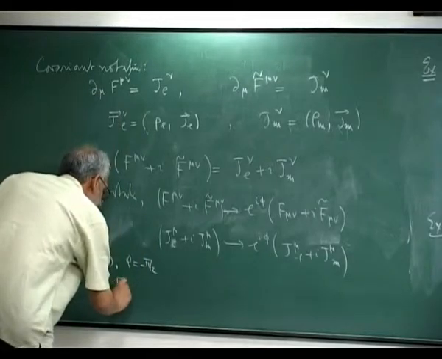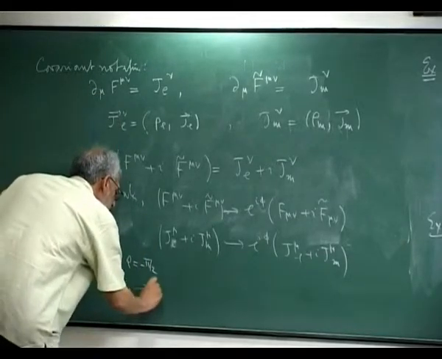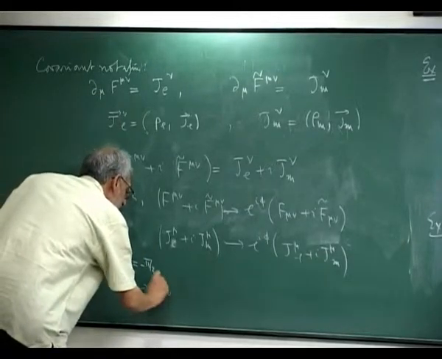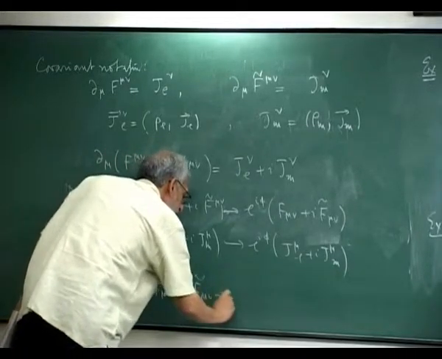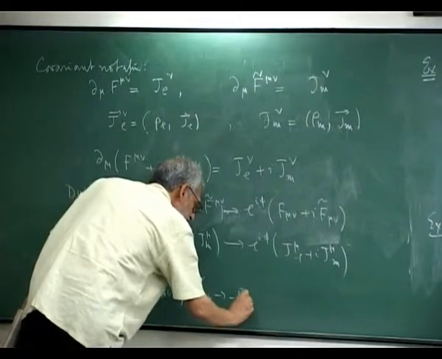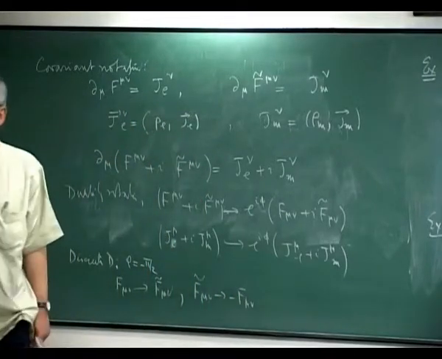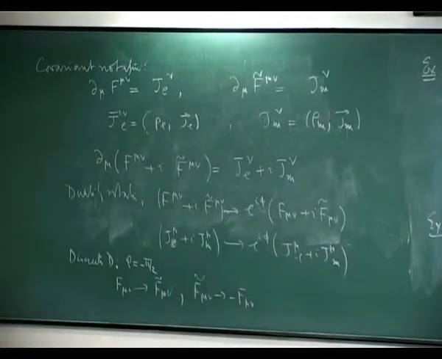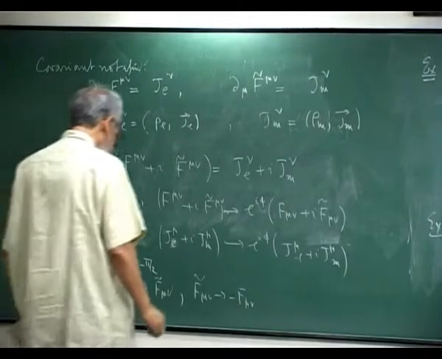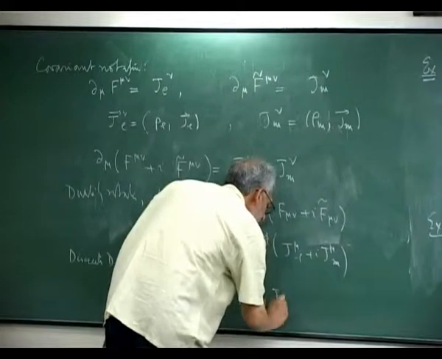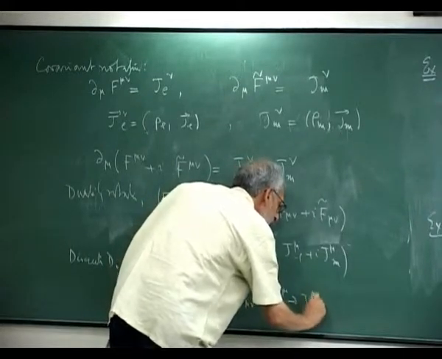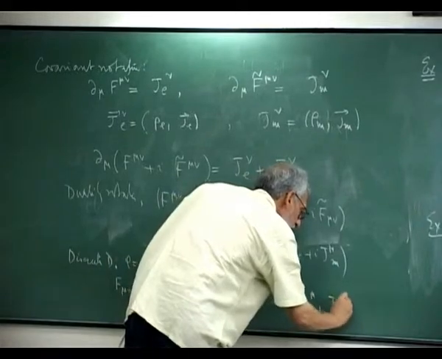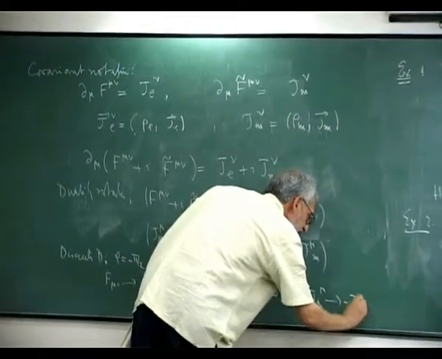That gives me F_μν goes to F̃_μν and F̃_μν goes to minus F_μν, the same as what we wrote earlier for pure gravity, and sources J electric goes to J magnetic and J magnetic goes to minus J electric.